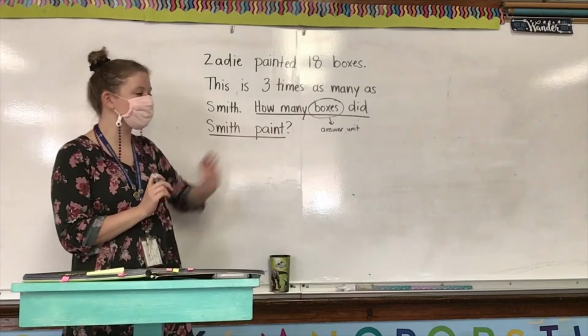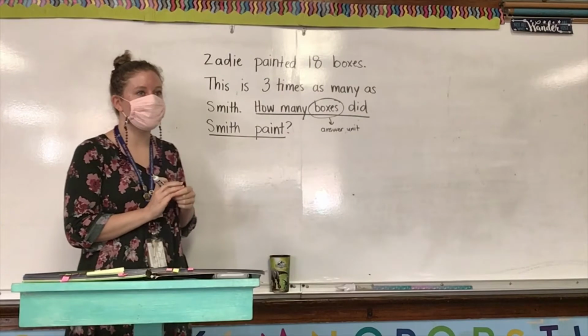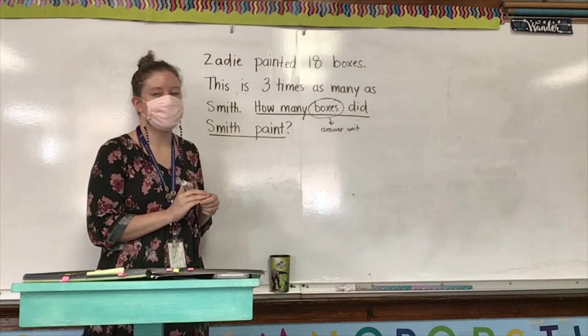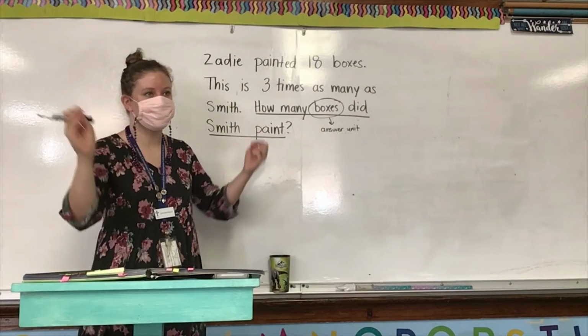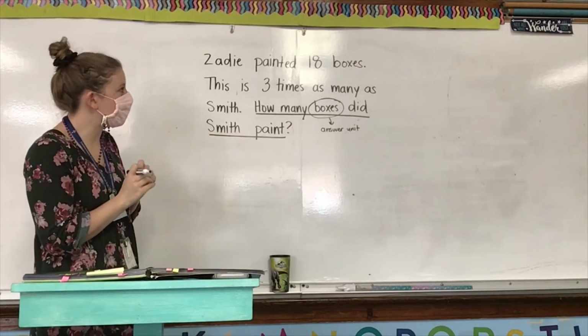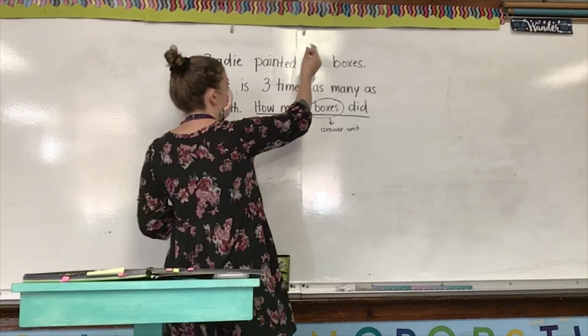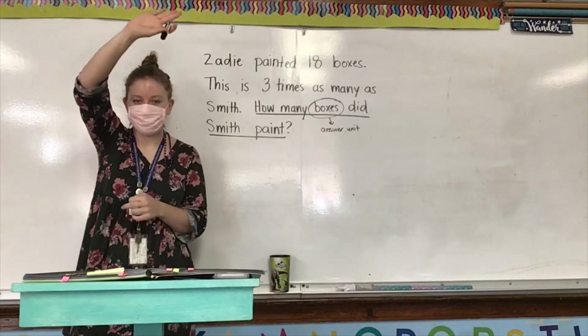Do we have each in the problem? Are we looking for another object to add, subtract, multiply, or divide by? No. Let's read it again. Zadie painted 18 boxes. What's important in that sentence?